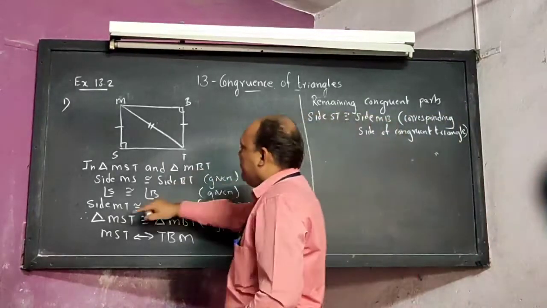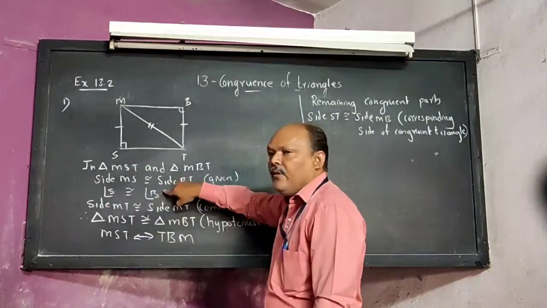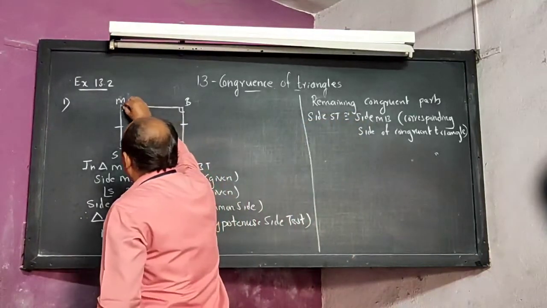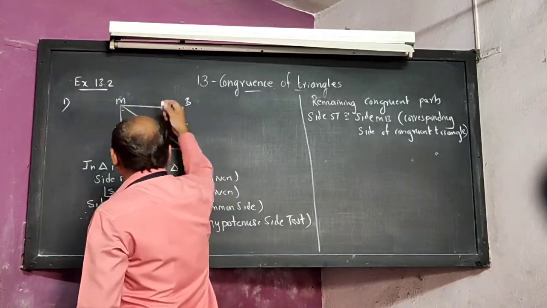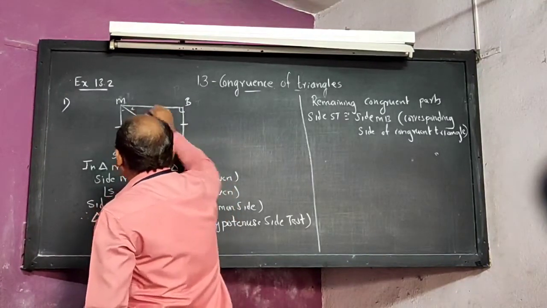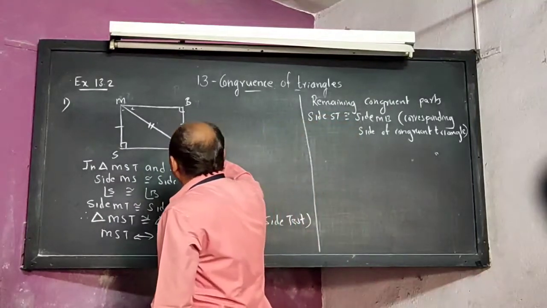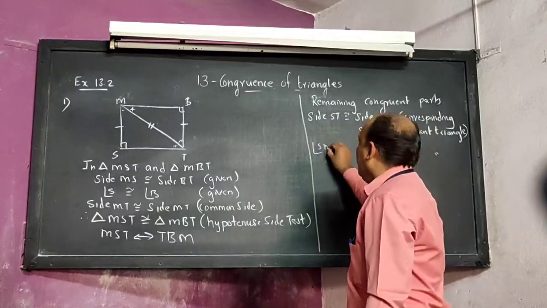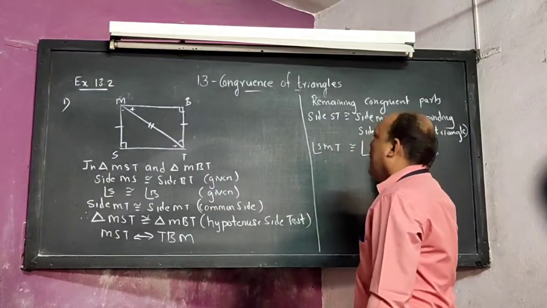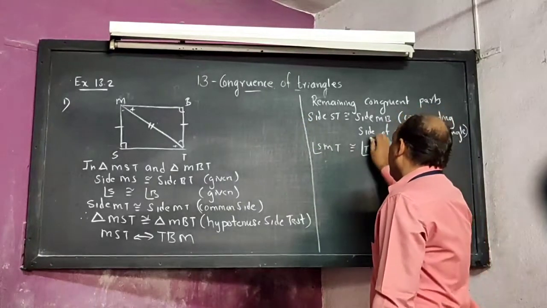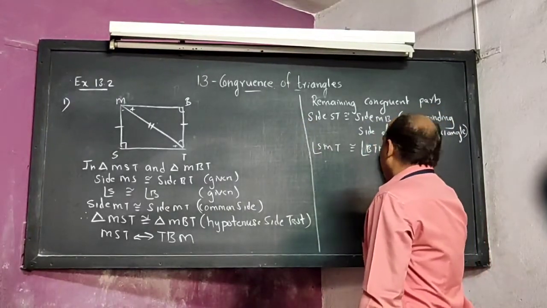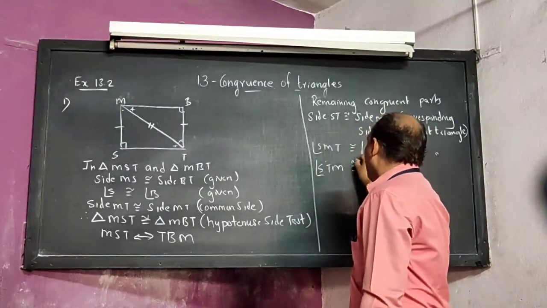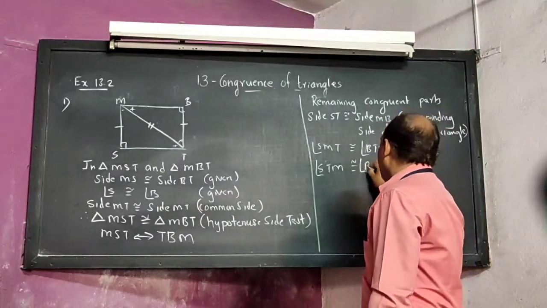Now, while saying the triangles are congruent, one angle is already written here. That means 2 angles are left. So here we can say angle M is congruent to angle T, and angle T is congruent to angle M. The alphabets we will write here. This all will come in the remaining congruent parts. That is angle SMT congruent to angle BTM, and angle STM congruent to angle BMT.